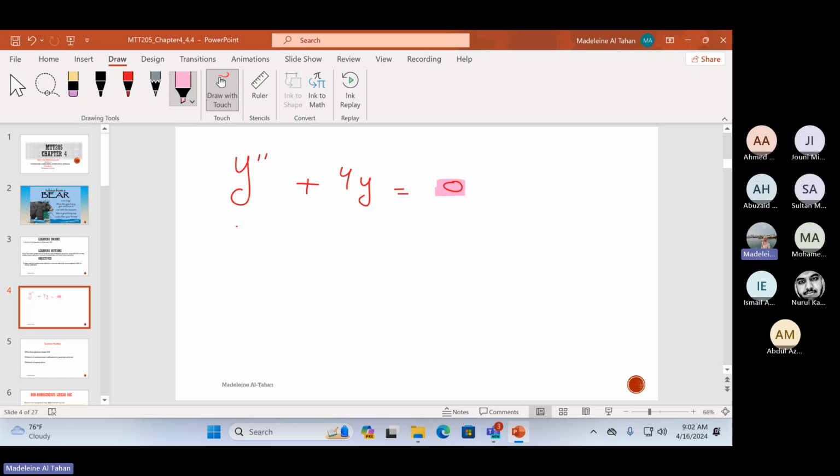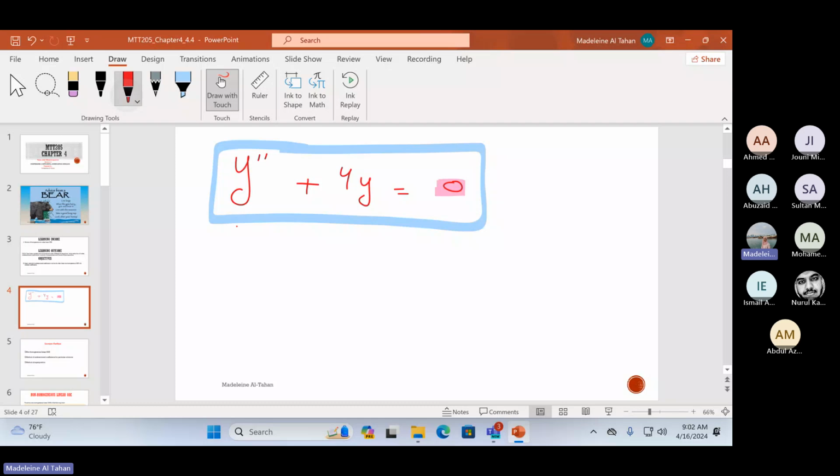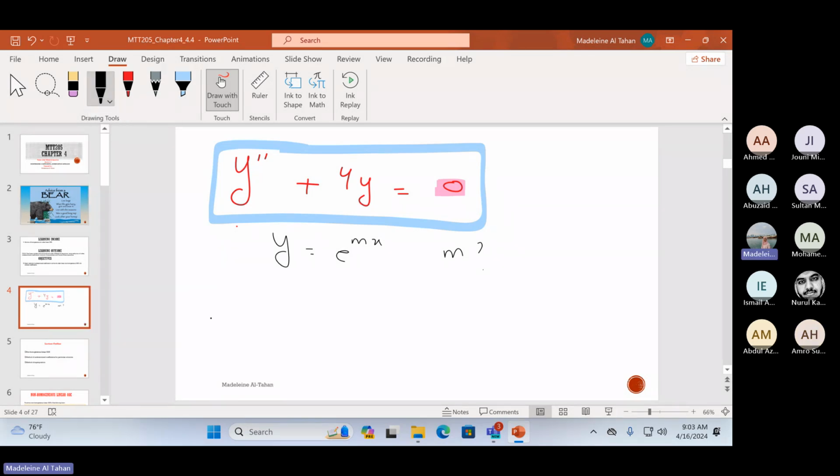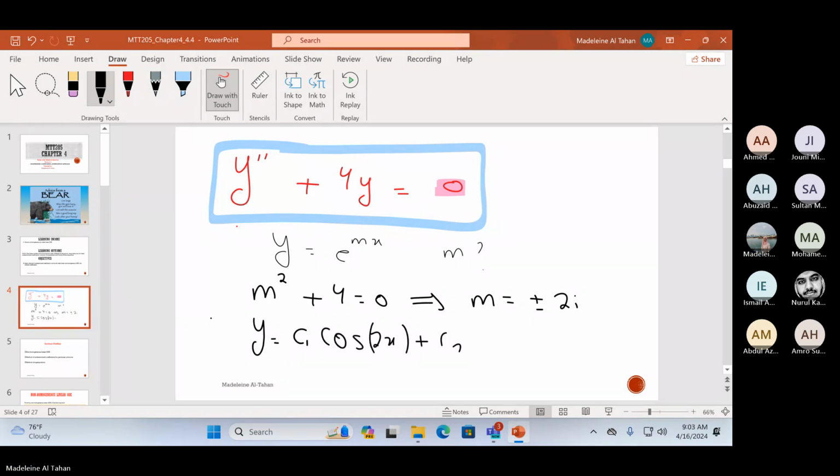If you still remember our method to solve it, we used the substitution y = e^(mx), and our aim is to find m's. So we get the auxiliary equation m^2 + 4 = 0. This has complex solutions with non-zero imaginary part, so the general solution will be y = c1 cos 2x + c2 sin 2x.